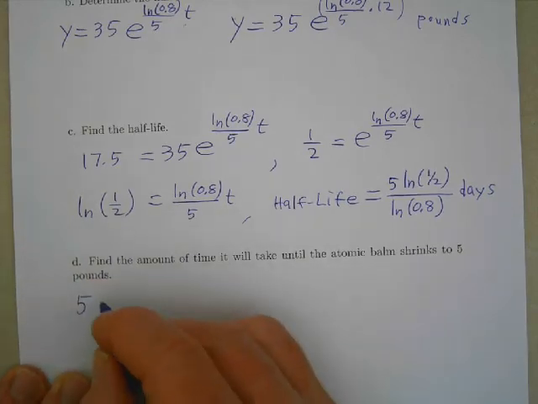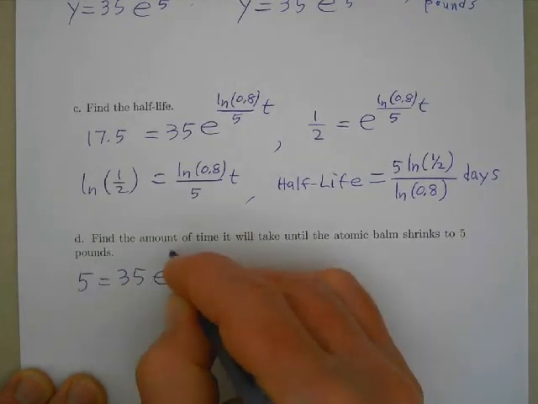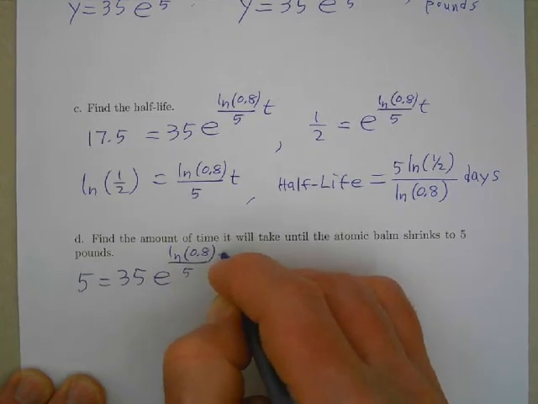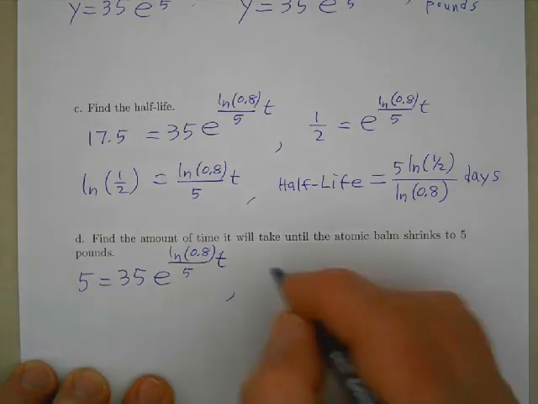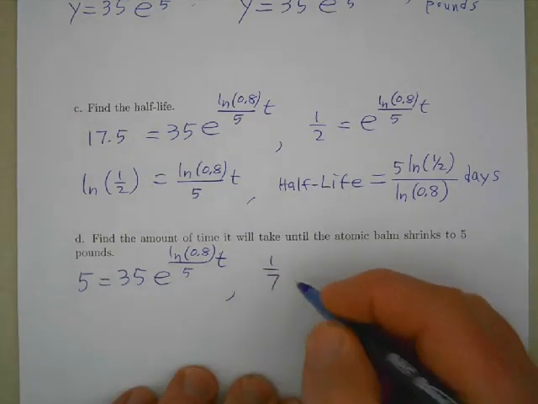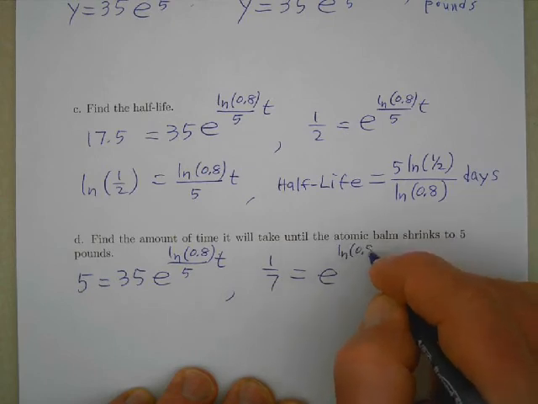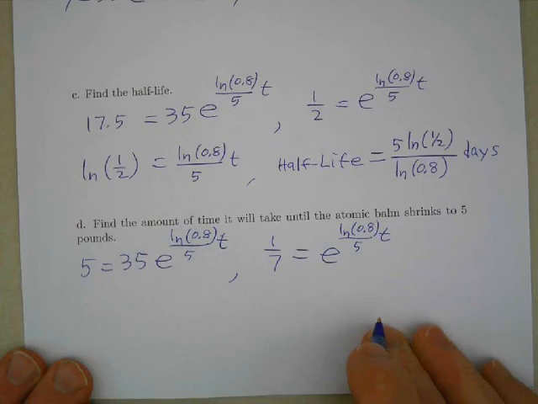So we set 5 equal to 35 times e to the natural log of 0.8 divided by 5 times t. Divide both sides by 35. 5 divided by 35 is 1/7, so we get 1/7 equals e to the natural log of 0.8 divided by 5 times t. Then take the natural log of both sides.